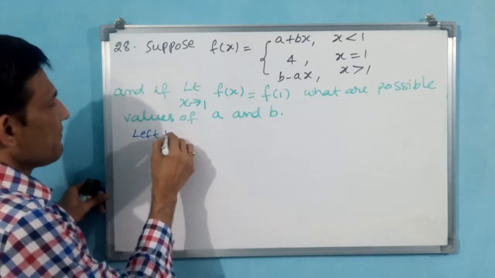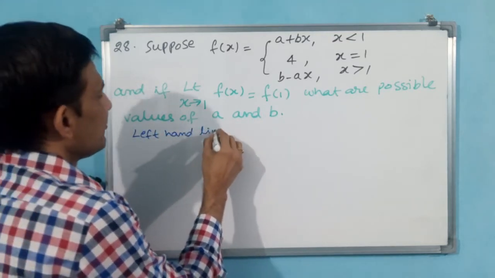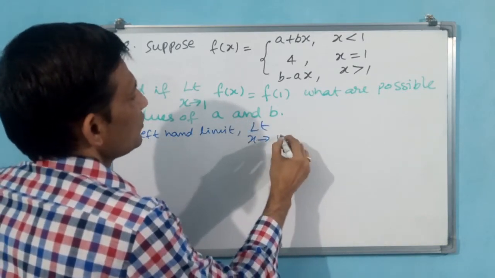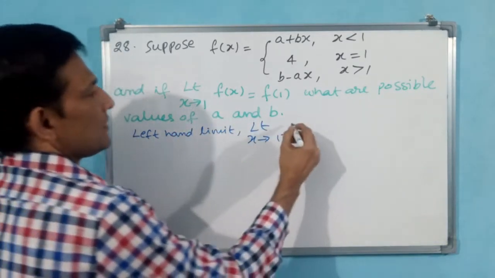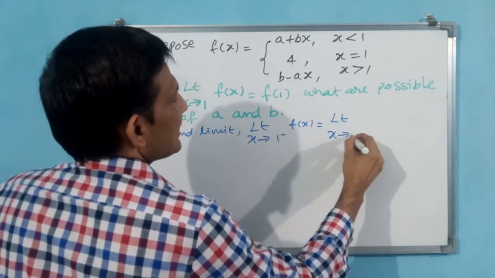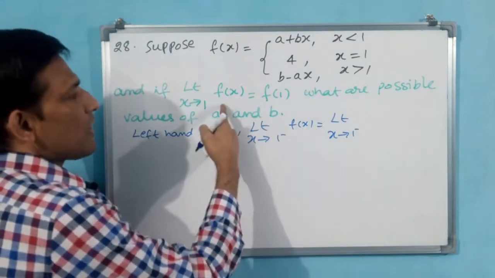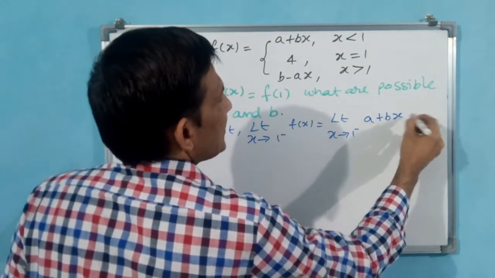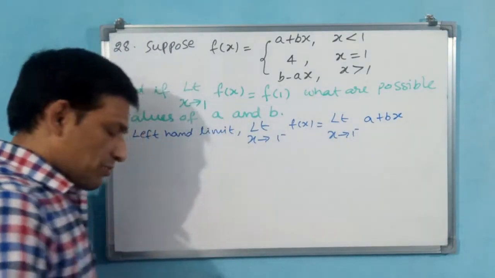Write down. Left hand limit, limit x tends to 1 minus f of x is equal to limit x tends to 1 minus. See, 1 minus means you have to take this one, a plus bx. Okay. Now substitute.